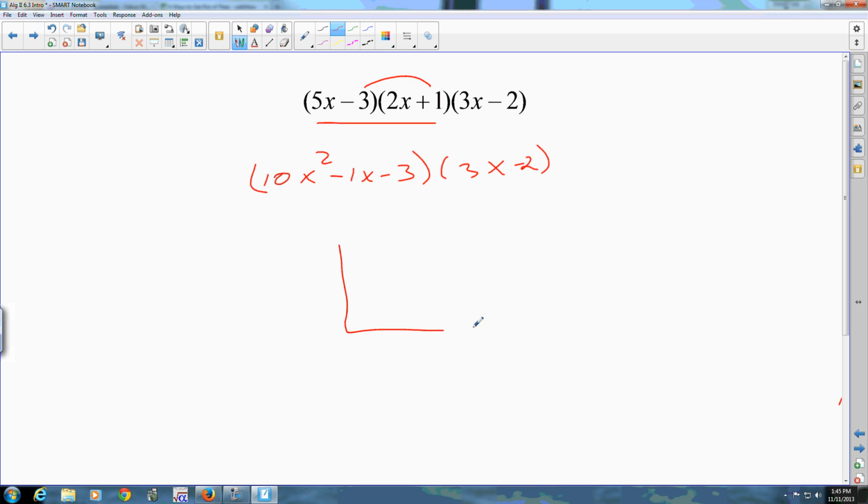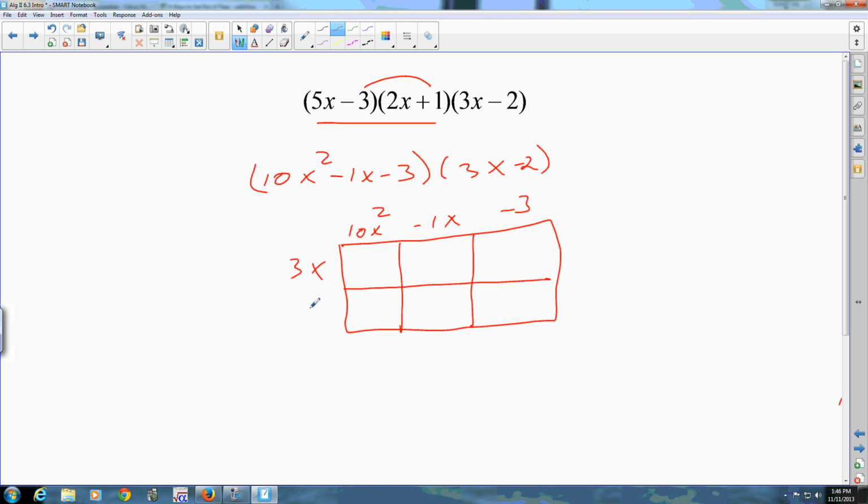I'm only drawing a box because that's where my comfort zone is. 10x squared minus 1x minus 3, 3x minus 2, so 30x cubed minus 3x squared minus 3x, oops, 3.